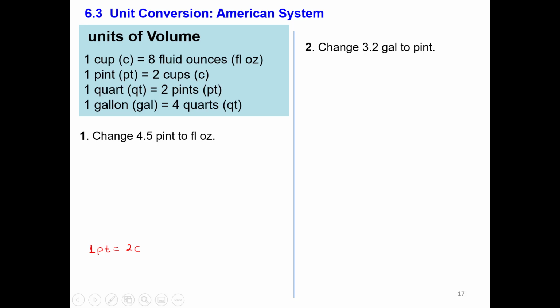The next thing we want is 1 cup equal to 8 fluid ounces. To convert this, we need to apply the chain of conversions. We need to use these two conversion factors. We will change first pints into cups, and then cups into fluid ounces.